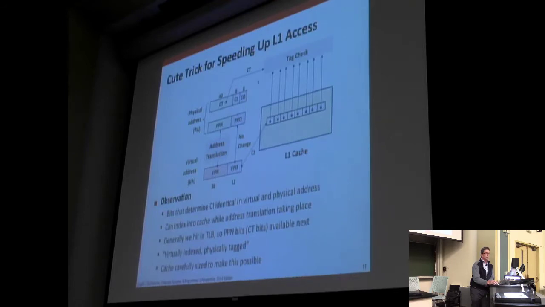So there's a little bit of parallelism now in the L1 cache accesses. The MMU can be doing address translation while the L1 cache gets going on its lookup.